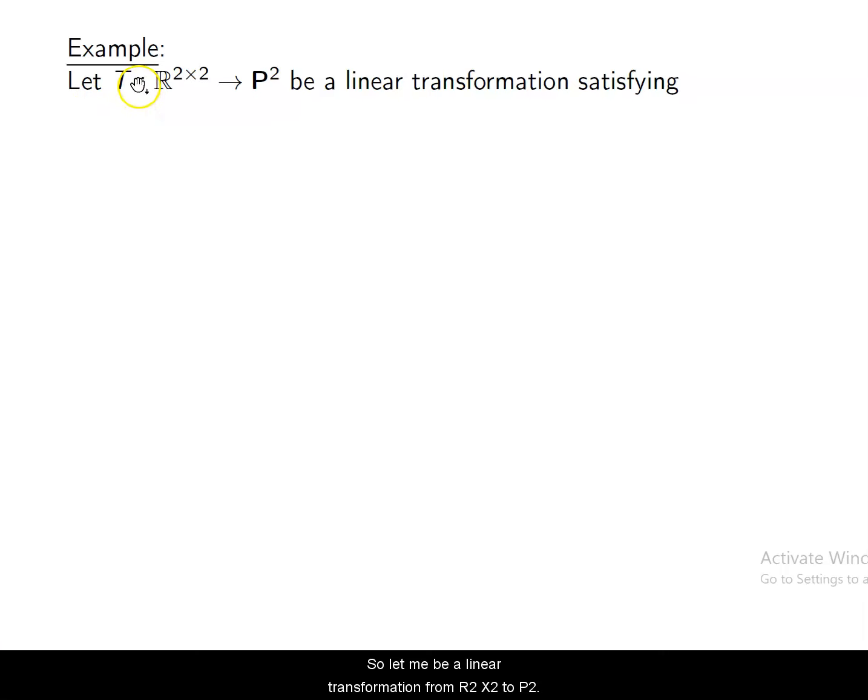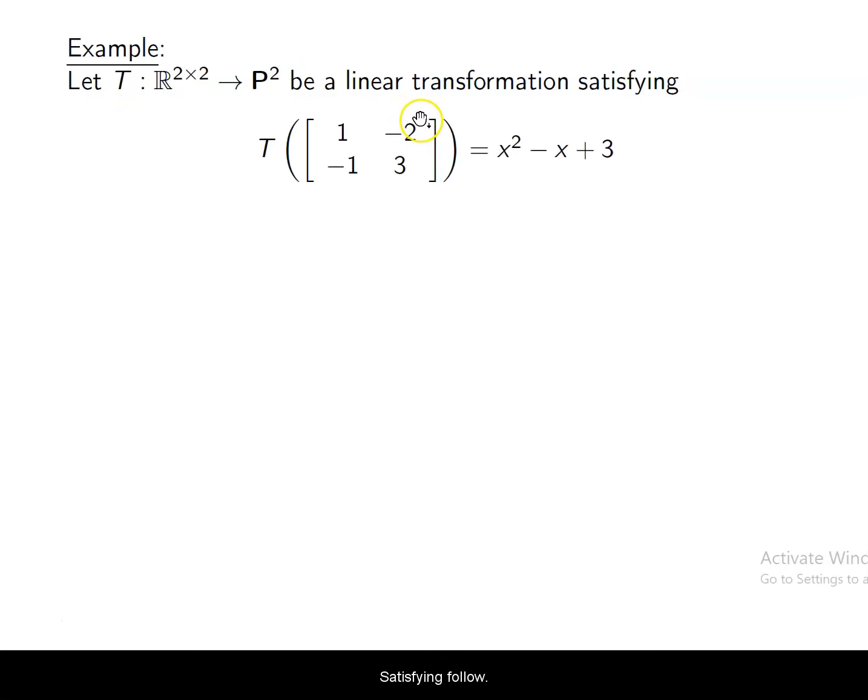We'll walk through those a little bit more slowly, but obviously this is going to be a fairly short video. Okay, so let T be a linear transformation from R 2x2 to P2, satisfying the following. If we take the 2x2 matrix [1, -2; -1, 3], we get out the second degree polynomial x squared minus x plus 3. This is not a general matrix a, b, c, d, but we're saying that if you transform this specific vector in R 2x2, then you will get out this specific output in P2.